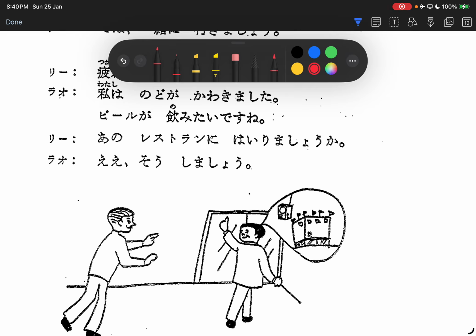So he's not saying shall we do it together. He's saying let's do it. そうしましょう. So this word そう, if you remember, is just referencing everything that was mentioned before. It's like you're too lazy to repeat the whole question, so we just say so. そうしましょう. So ですね.